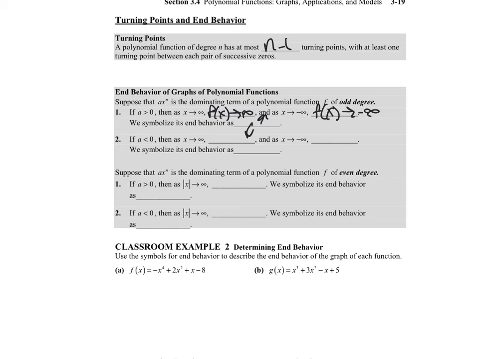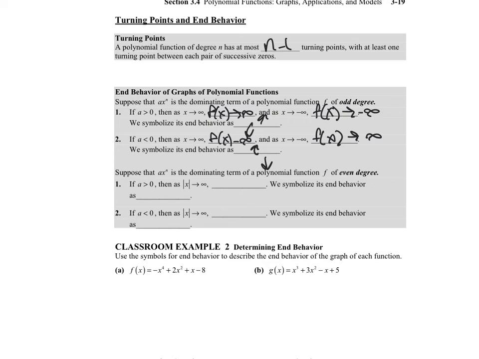If a is less than 0, then as x approaches infinity, f of x approaches negative infinity, and as x approaches negative infinity, f of x approaches positive infinity. So it's reflected. The left side's up and the right side's down.